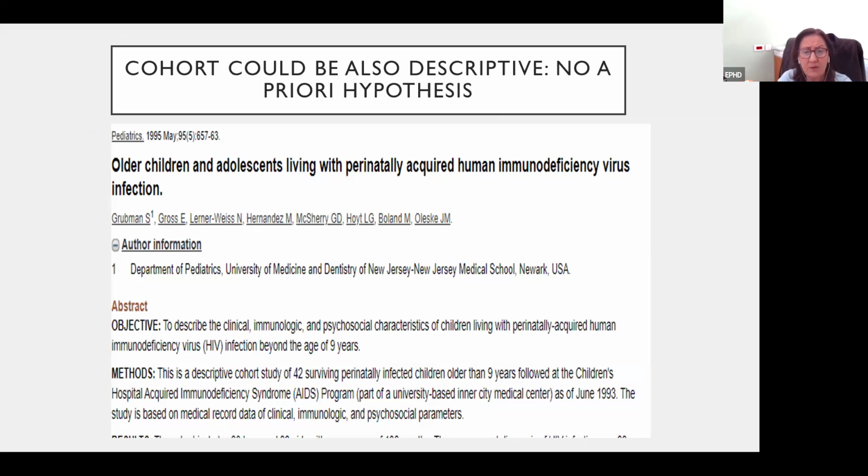They wanted to look at the clinical, immunologic and psychosocial characteristics of children living with perinatally acquired HIV. So it's a descriptive cohort, only looking at those who survived perinatal infection, and what the progress or symptoms are that they have beyond age 9 years.